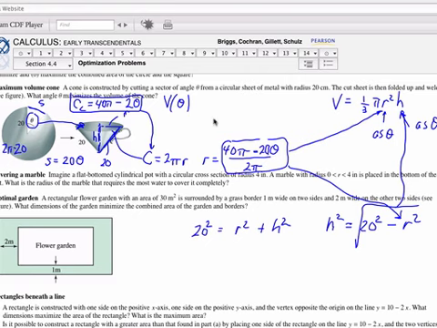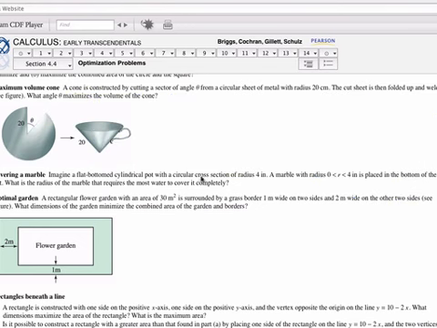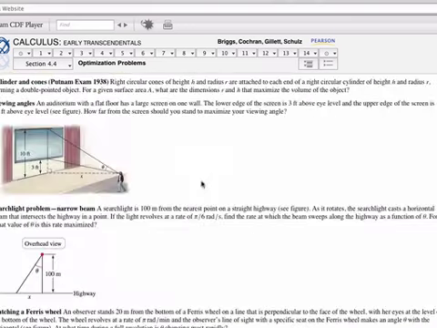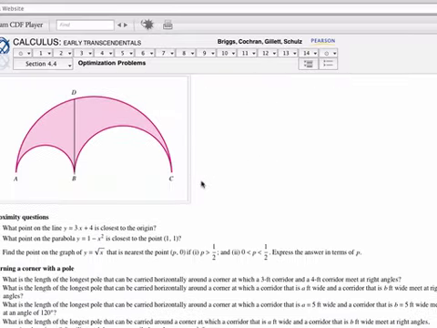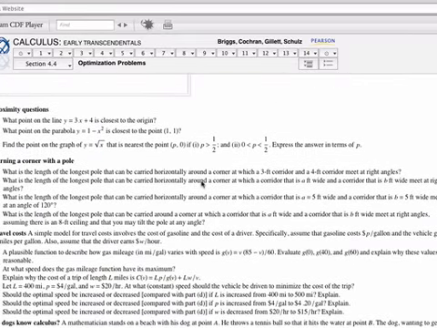All right, what's the other one? Last one? 56A.